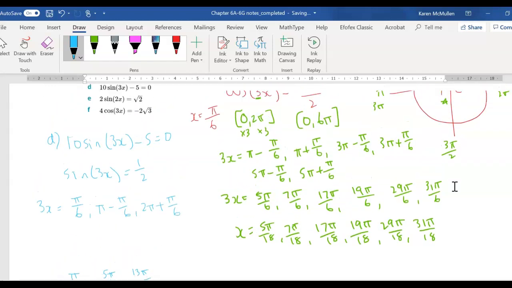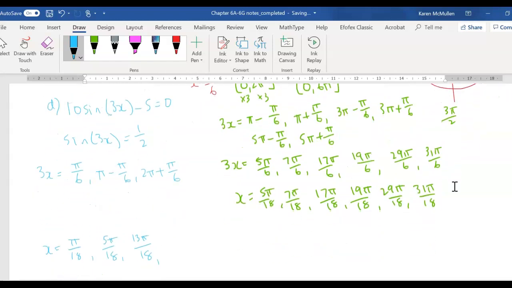Then our next one, we've got 3 pi minus pi on 6, so that's 17 pi on 18.